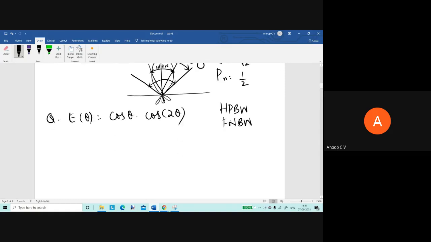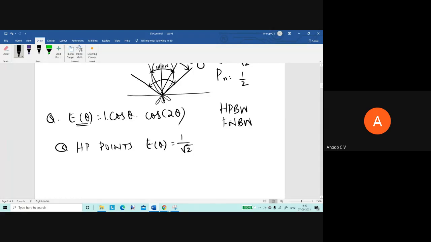So for that, to find the half power beamwidth, you should remember that this is a field pattern, and you see the maximum value is 1, so this is a normalized pattern, right? So if the maximum value is 1, at half power points E of theta should be equal to 1 by root 2.